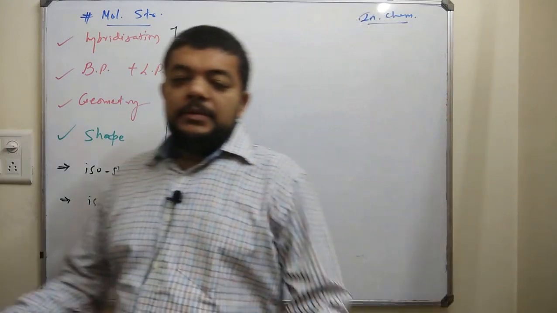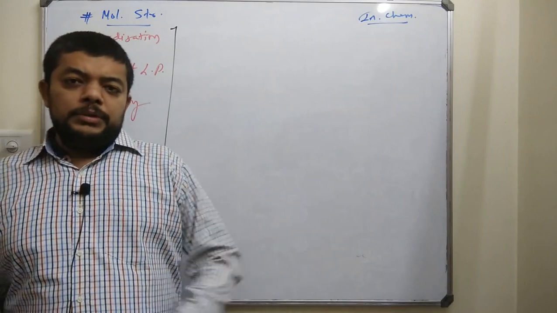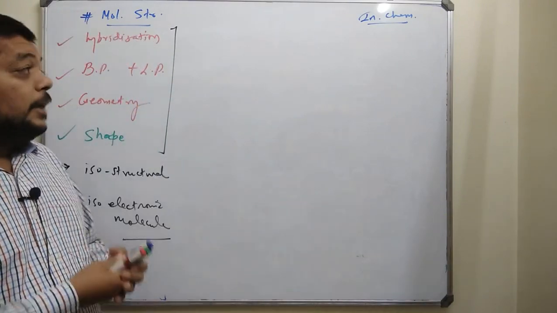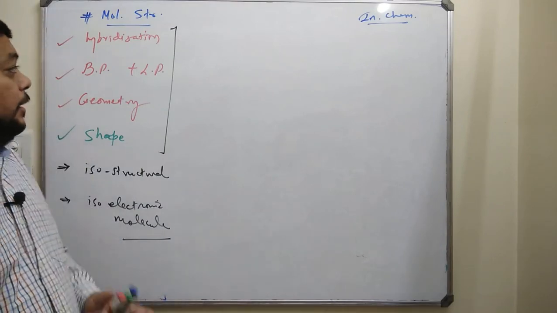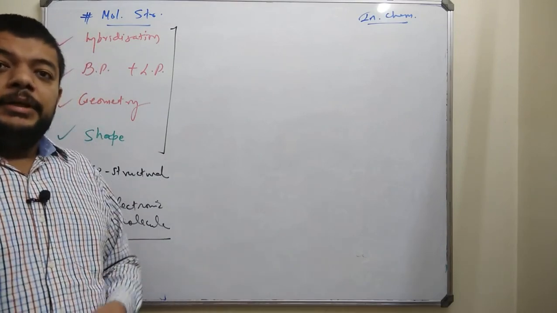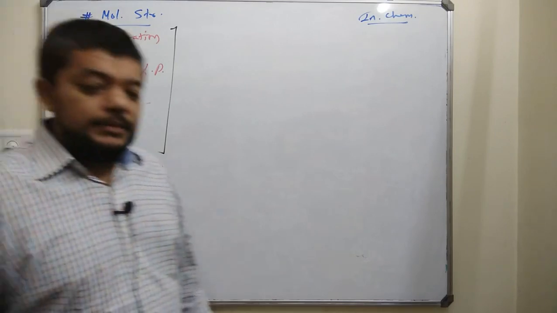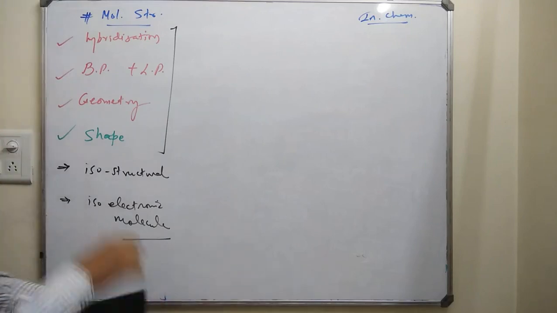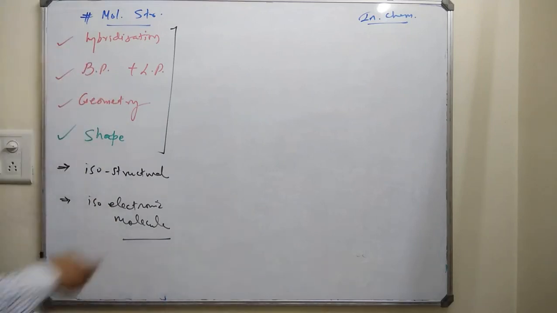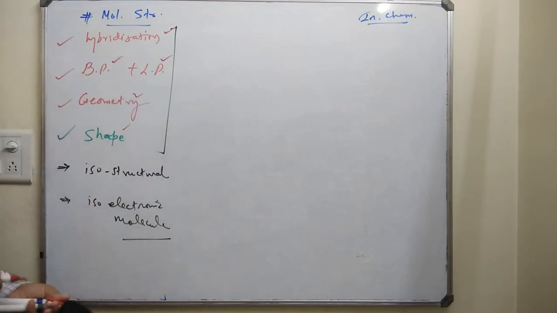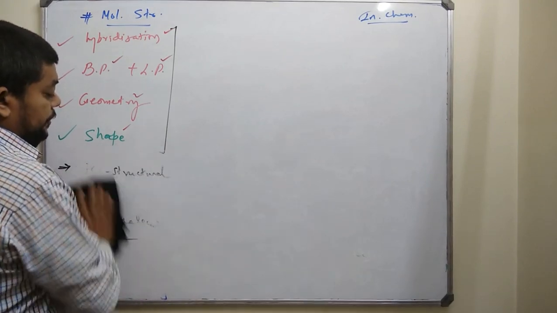Here in this lecture, we would not be going through the theory section, but we will be learning those tricks and tactics that would help us get the best answers in the minimum time, and those best answers have to be the correct answer. So let us solve the first phase, which involves hybridization, bond pair, lone pair, geometry and shape. Once we are done with this, we can easily solve the isostructural and isoelectronic molecule questions.